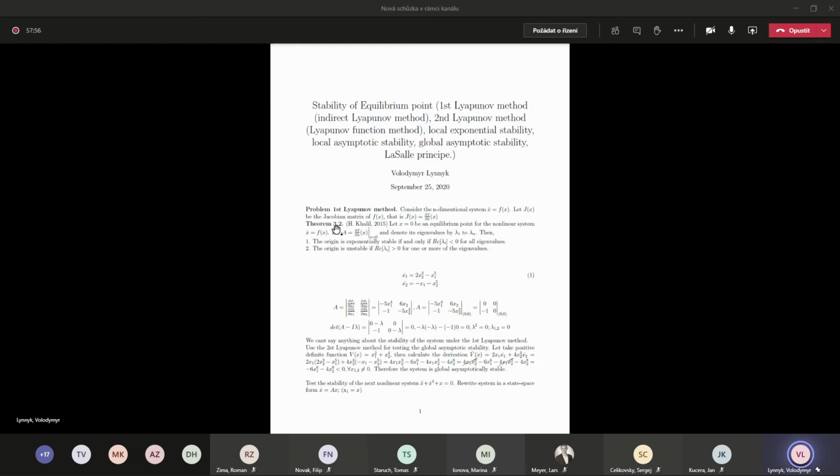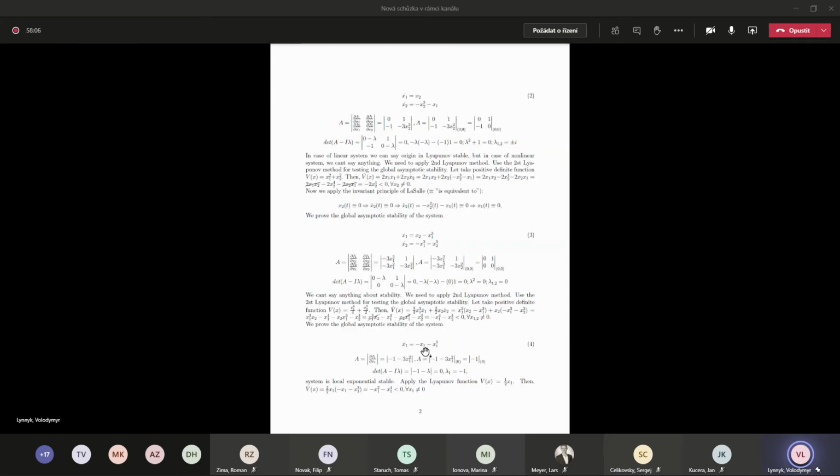depending on theorem 3.2 from Khalil, the origin is exponentially stable if and only if the real part is negative for all eigenvalues. Here we have only one eigenvalue, and this eigenvalue is equal to minus 1. Is this system globally stable or only locally?